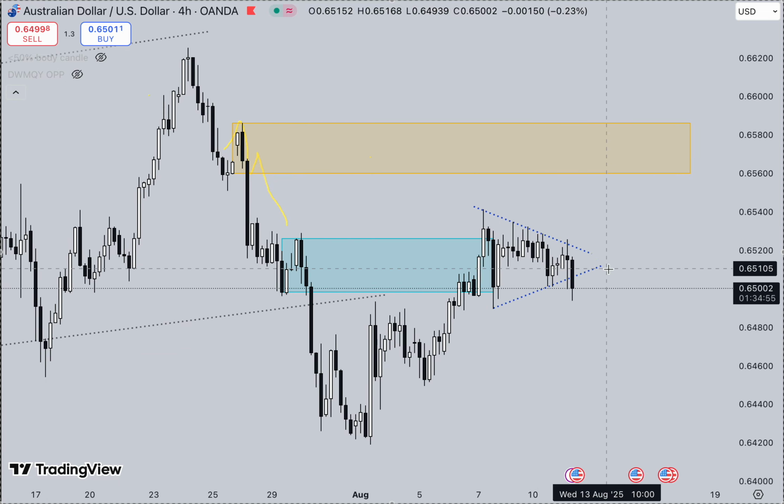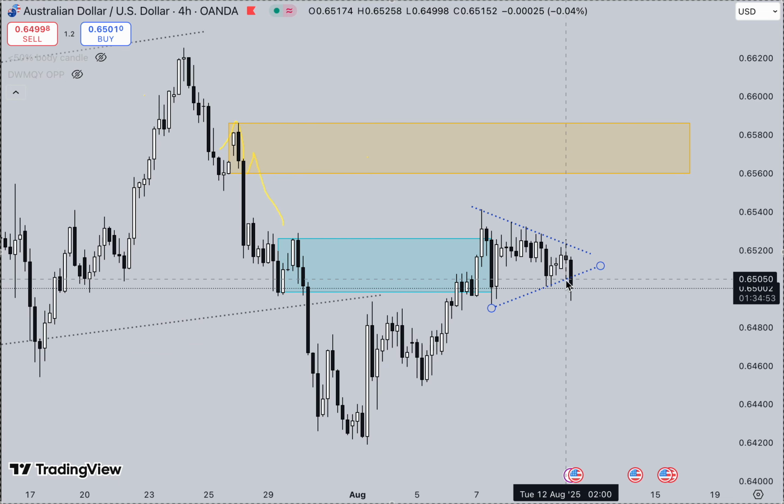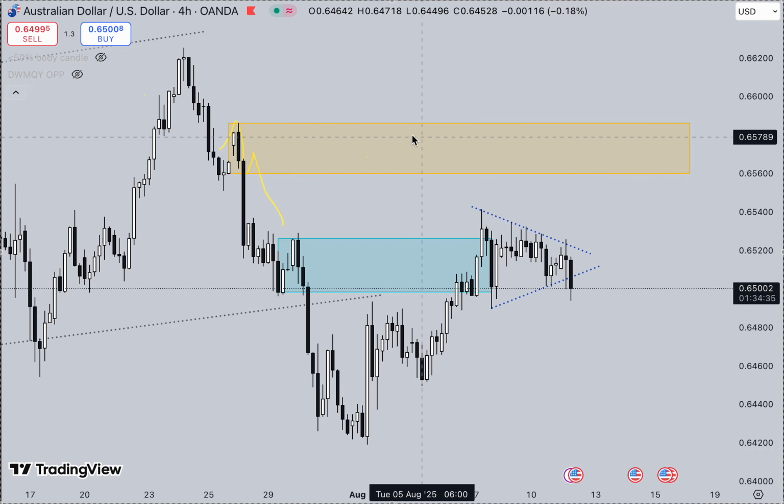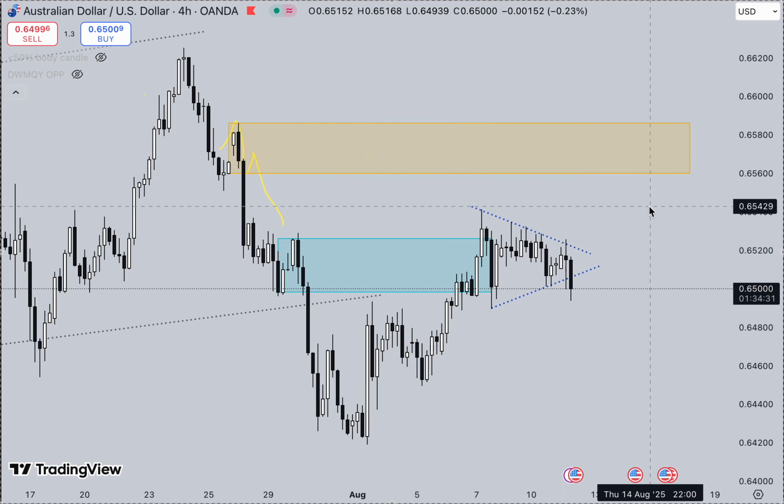So what we want is either we come here, we take out these lows, and then we can find a retracement into here, this area acting as supply, and then we sell it downward. Or we swap this low, swap this high, it connects with this area of supply, and then we change character and we start to sell.